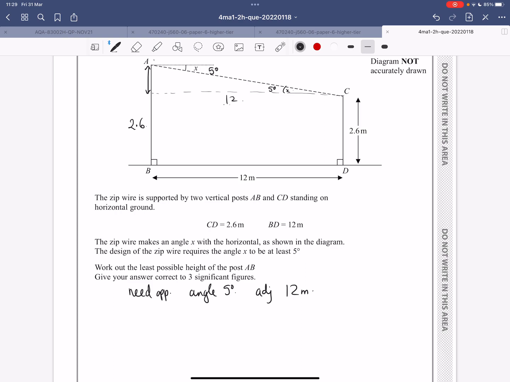So it's going to be TOA. The opposite is tan of 5 degrees times the adjacent, which is 12, and it's definitely on the calculator.